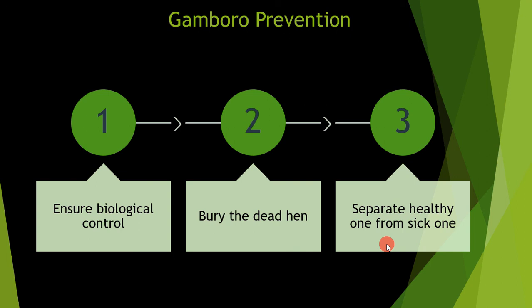That is why you have to instantly take the dead chicken and bury it underneath the soil. And if you find any chicken is sick, at that time you have to separate the sick one from the healthy. This is the first prevention you have to follow in every disease.